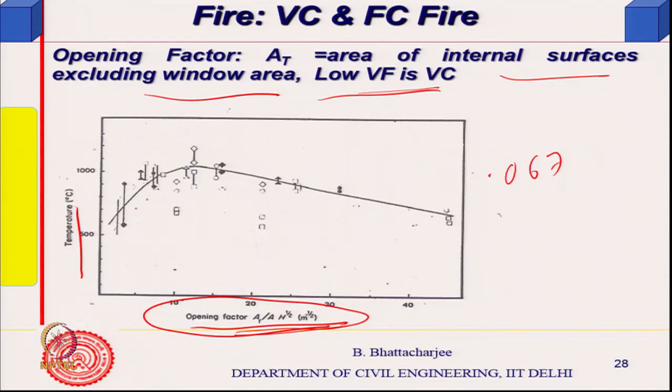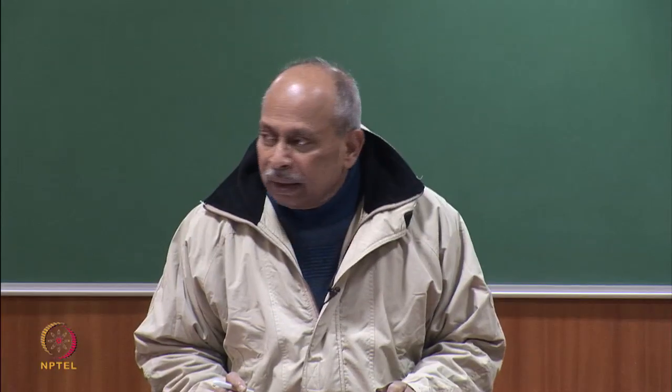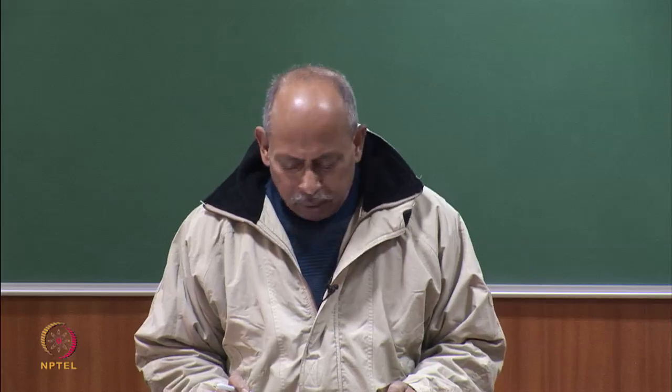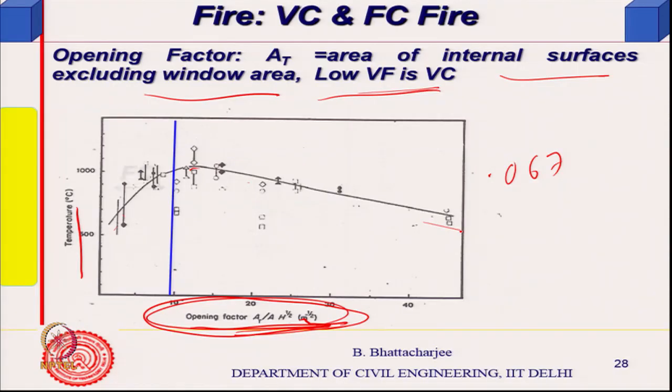They found that peak temperature increases with higher opening factor, and beyond a certain opening factor, peak temperature tends to decrease. Now, some portion is fuel control, some portion is ventilation control. The portion on the left hand side of this line is fuel control, because you can see the ventilation factor is A_T divided by A_W h to the power half.